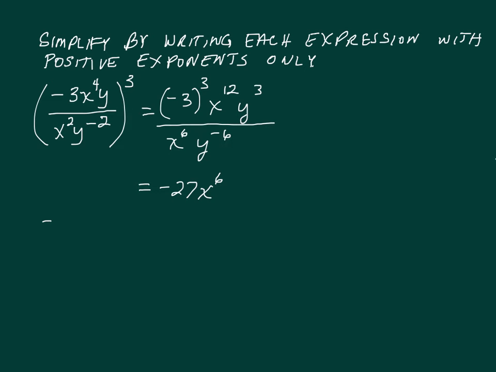Move the y to the 6th up to the top, and that gives us y to the 6th times y to the third, which is y to the 6th plus 3, which is y to the 9th. So we have simplified it to -27 x to the 6th y to the 9th.